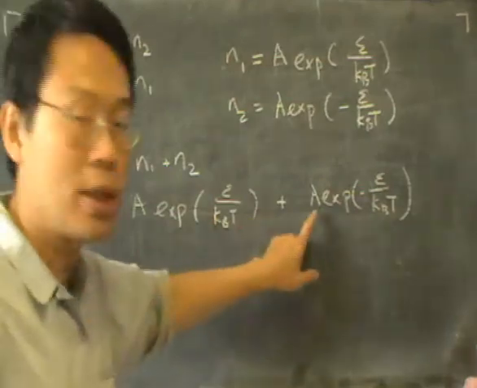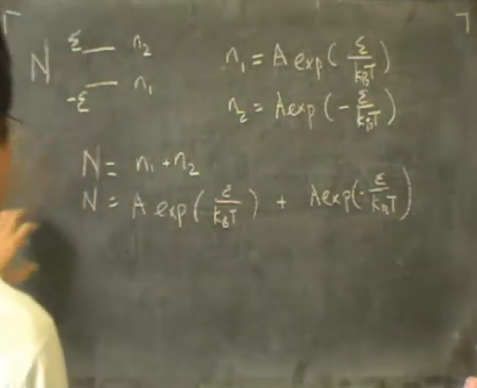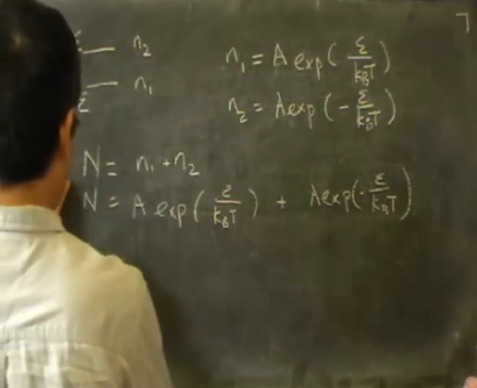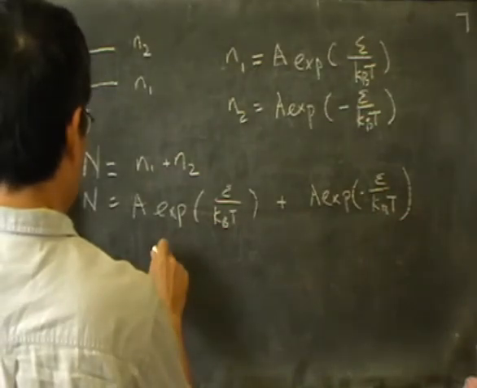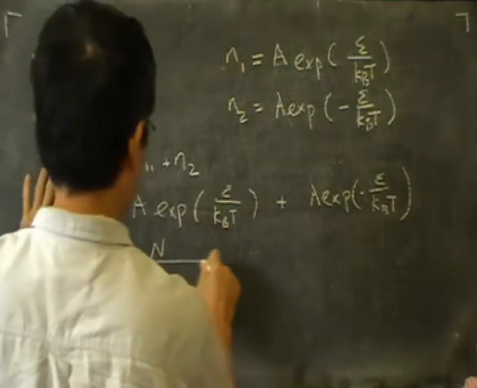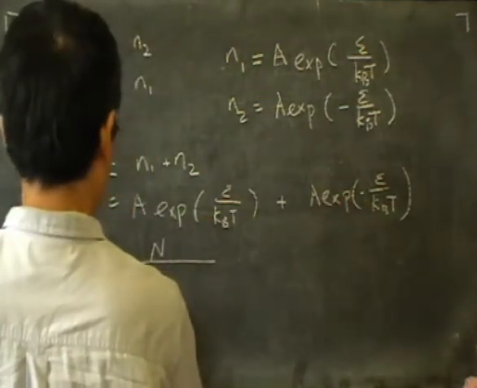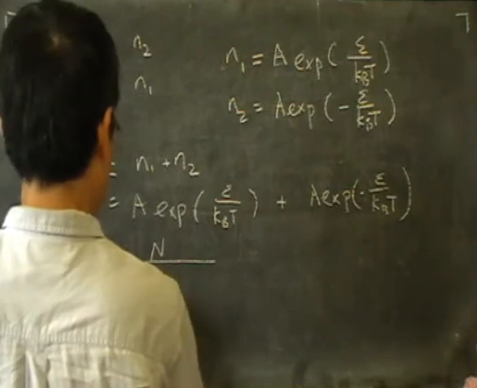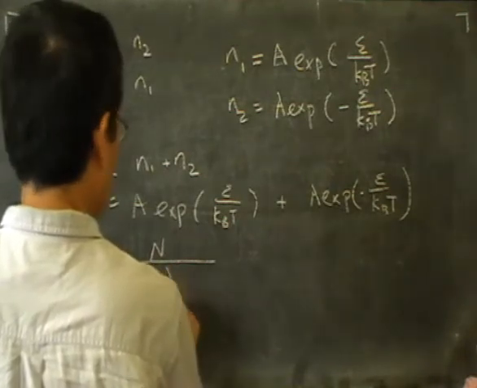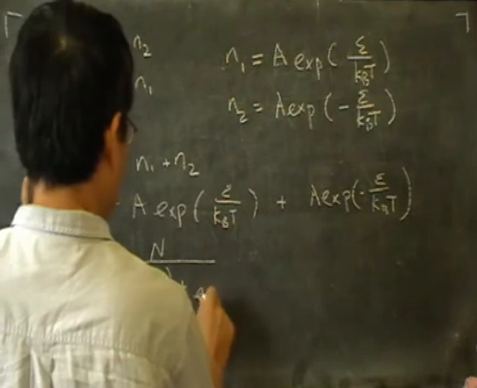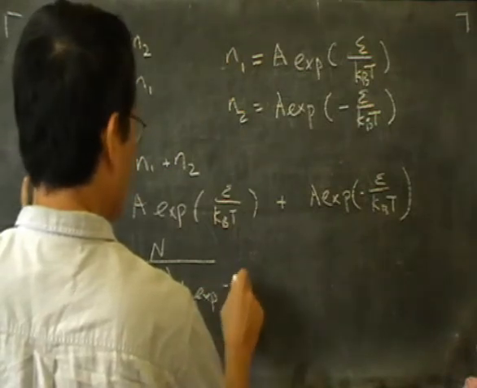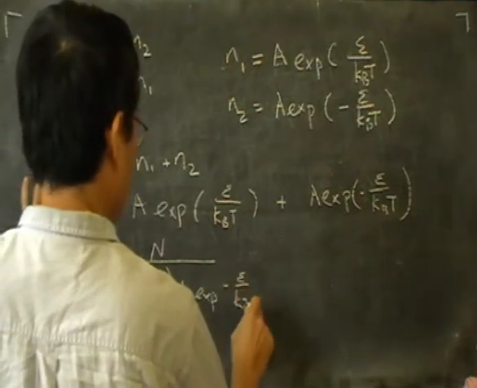So A is a common factor, we can factor it out and solve for A. So A would be equal to N over this expression: exp epsilon over kBT plus exp minus epsilon over kBT.